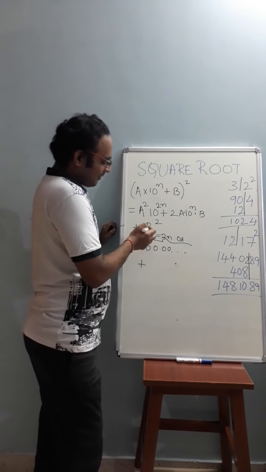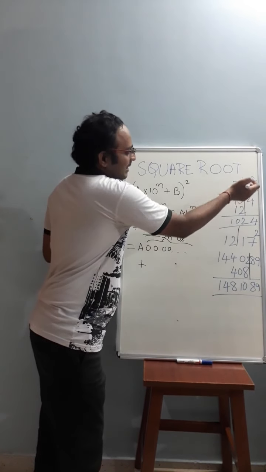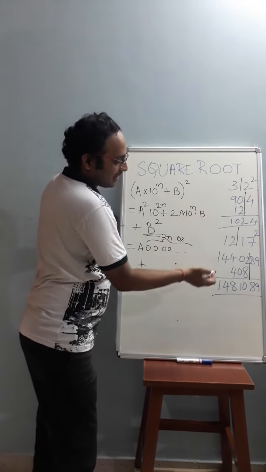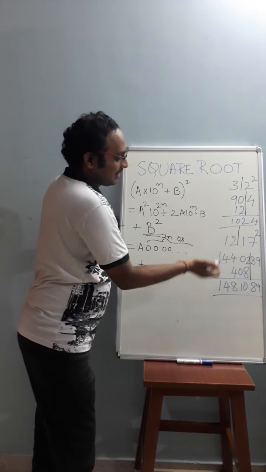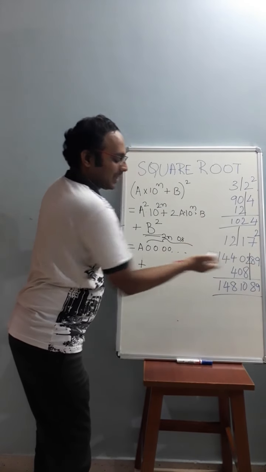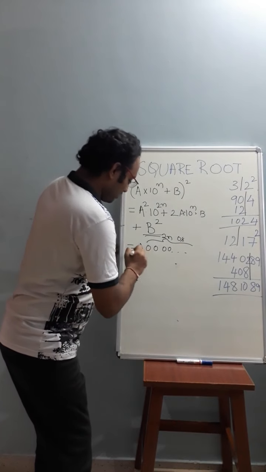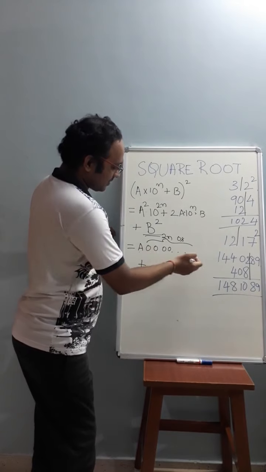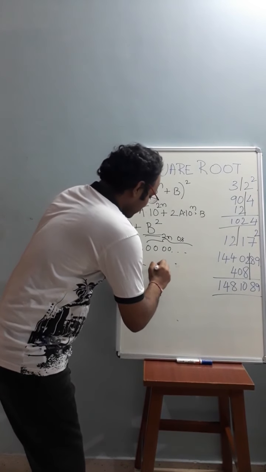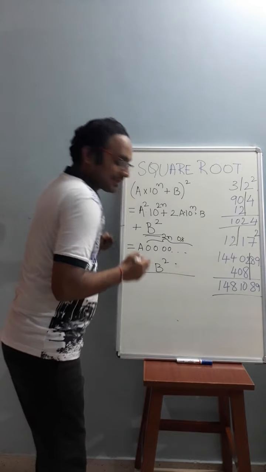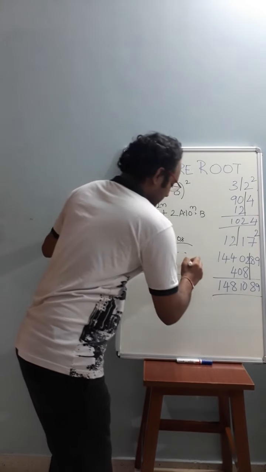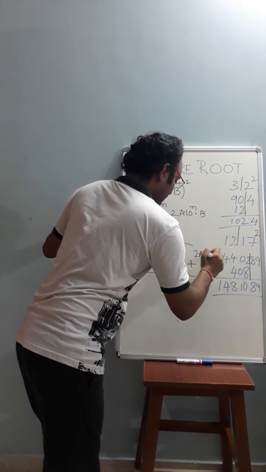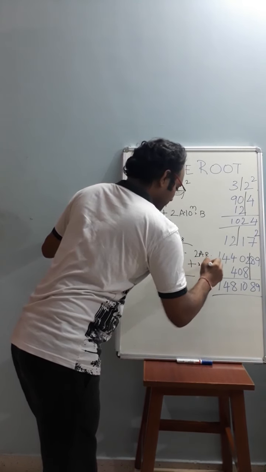That is the reason why, if you are considering n as 1, write the square of 2, that is 4, in 2-digit format. If you are considering n as 2, write the square of 17 in 4-digit format. So here it would be a square followed by 2n zeros, plus b square, where b square is a maximum of 2n digits, plus this one, 2ab into 10 to the power of n.